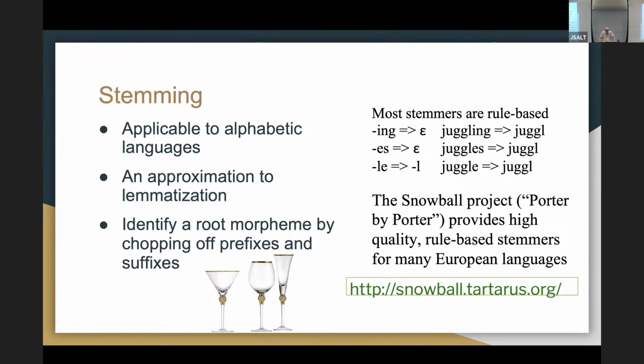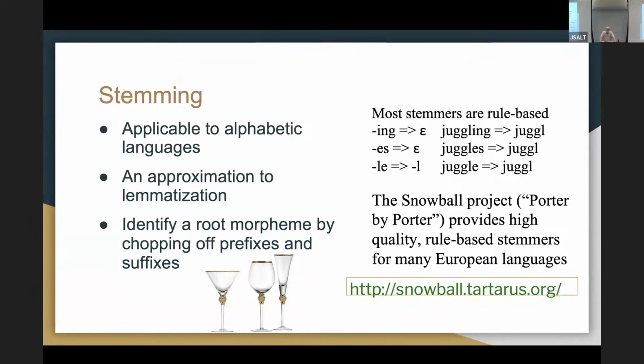Most stemmers are rule-based. Here's an example of a very simple stemmer that maps juggling, juggles, and juggle to the same term. Now, there's a famous English stemmer called the Porter stemmer. It was a rule-based stemmer and became very popular.